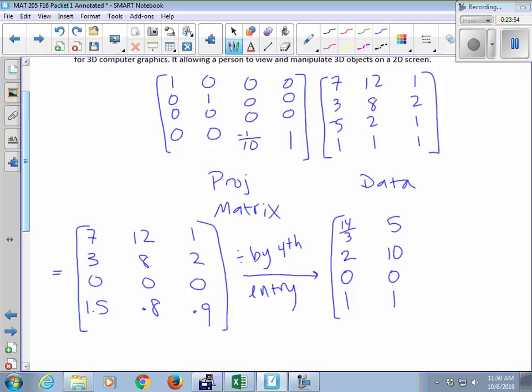And then in the last one, divide each entry by 0.9. So I get 10 ninths, 20 ninths, 0, and 1. Now I have 3 two-dimensional coordinates.